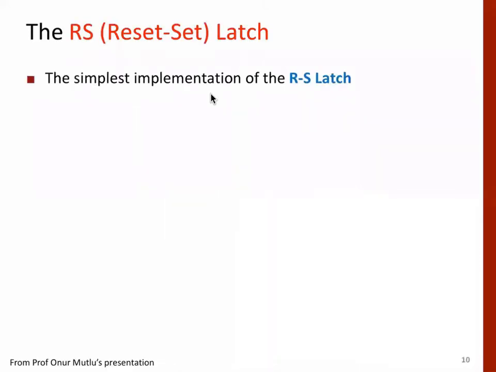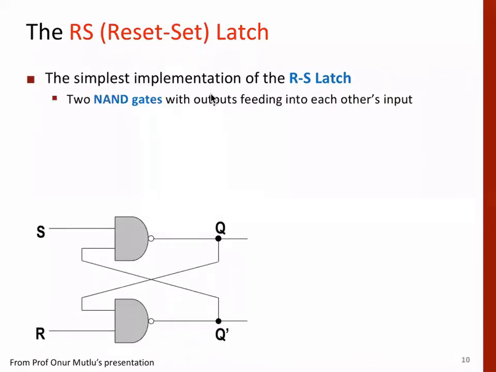Okay, so the simple RS latch is set-reset type. It consists of two NAND gates, two inputs and two outputs. Now remember that outputs Q and Q dash can never be the same.